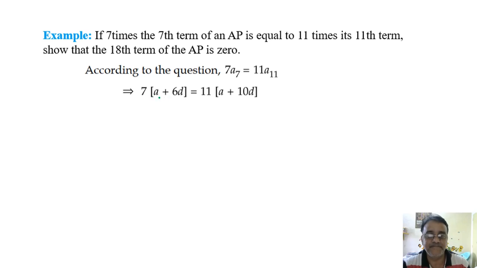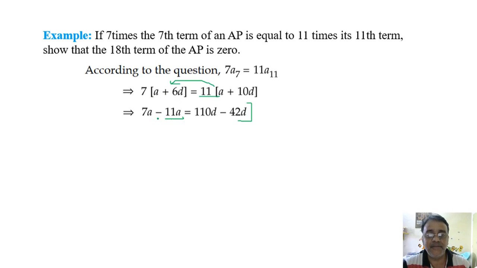Now we'll multiply. So what we are going to get, 7A, मल्टीप्लाई करने के बाद ये वाला टर्म इधर शिफ्ट करेंगे, that is 11A, and this 42D we will shift here. ओके, वन स्टेप मैं यहाँ पे स्किप किया हूँ. मल्टीप्लाई करने के बाद 11A इस तरफ शिफ्ट करेंगे और 42D इस तरफ शिफ्ट करेंगे.